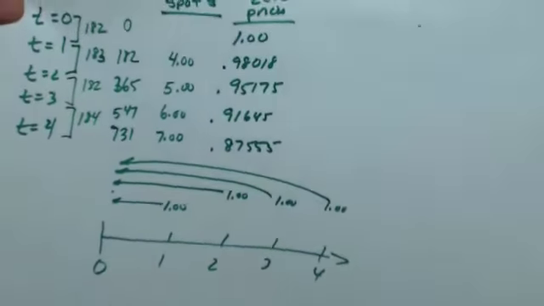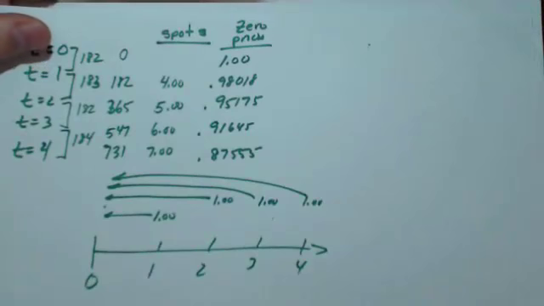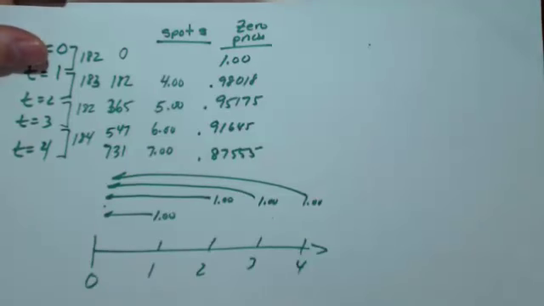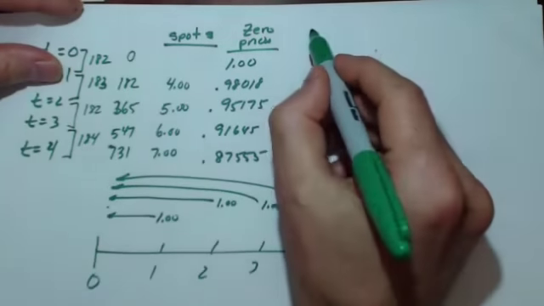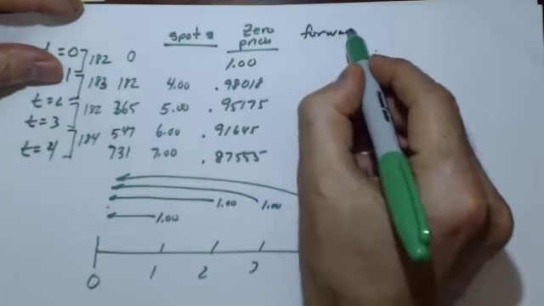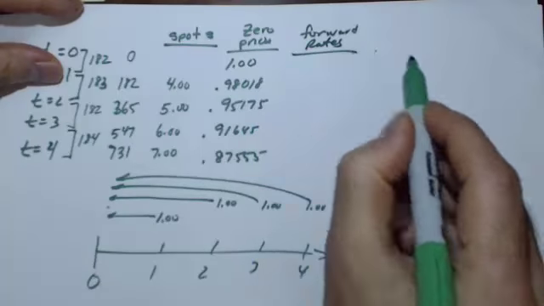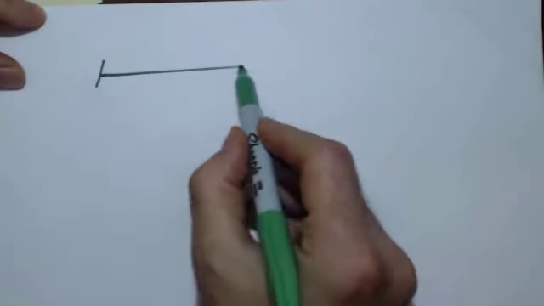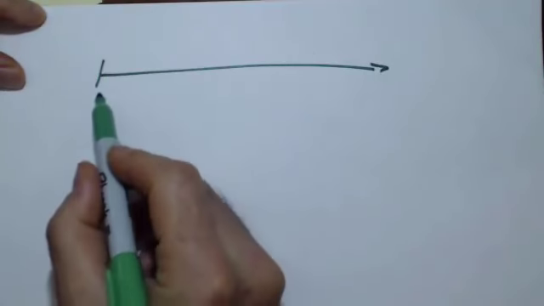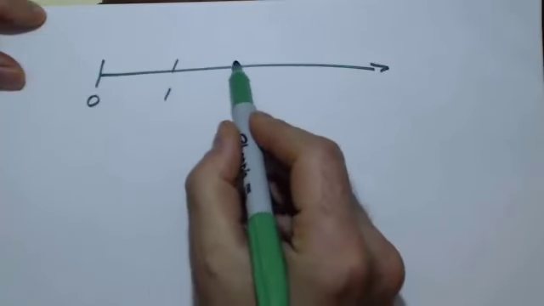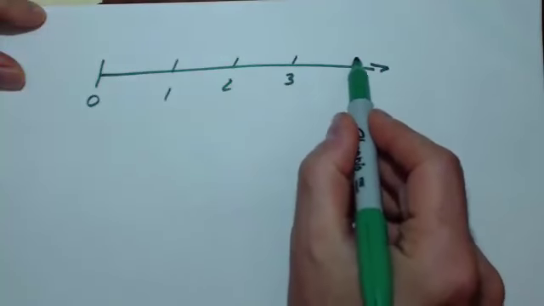Okay, now the next thing we want to do is compute forward interest rates. Okay, forward rates. Visualization of the forward rates is really important to see how these work, so you don't do the math blindly. So we have here the following 4 periods.